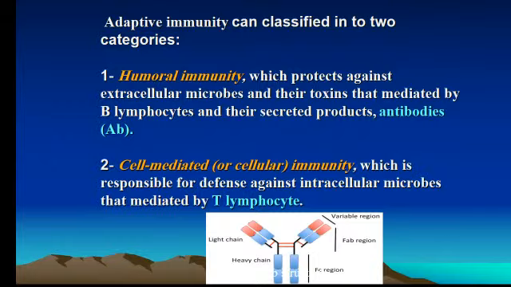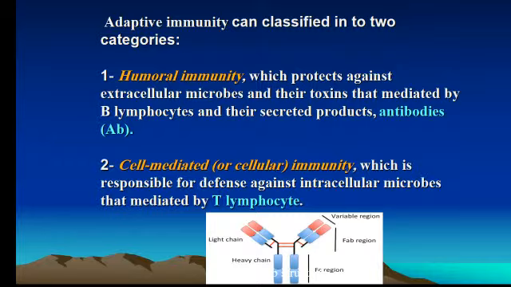So AB and B lymphocytes are different from the T lymphocyte or cell-mediated immunity. Because cell-mediated immunity protects the body from intracellular microbes, and that is mediated by T lymphocytes.